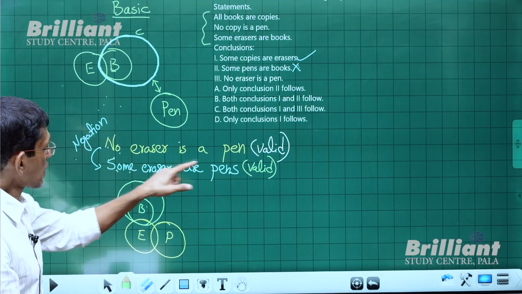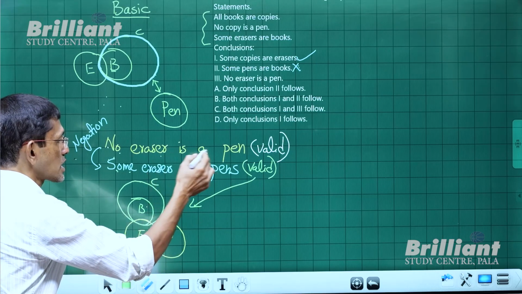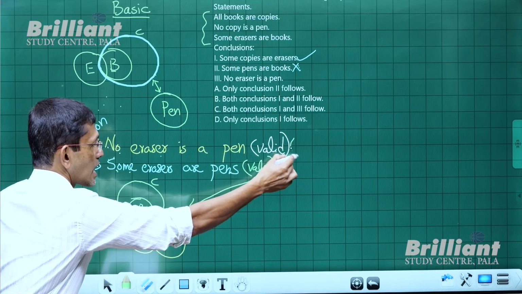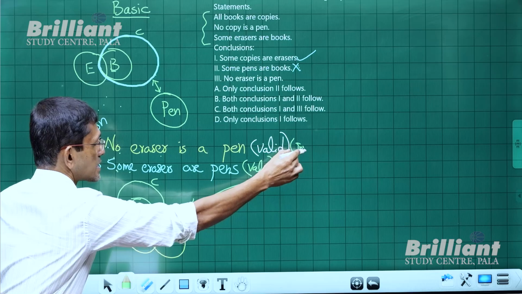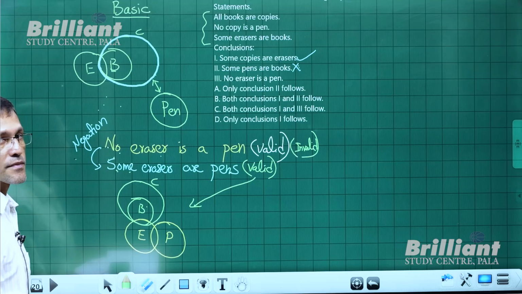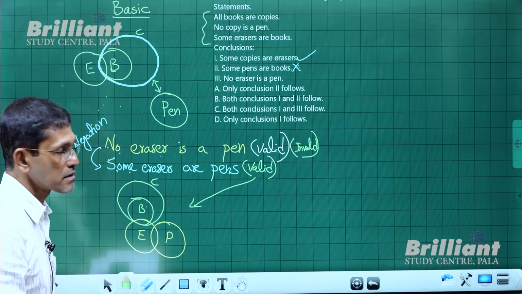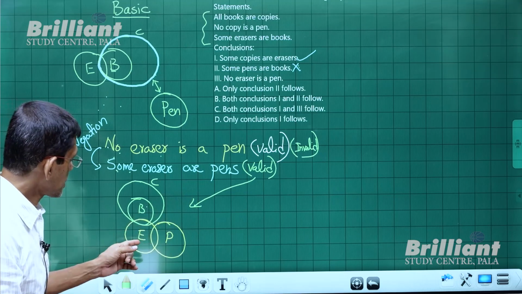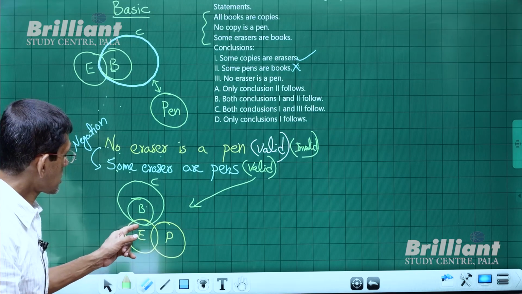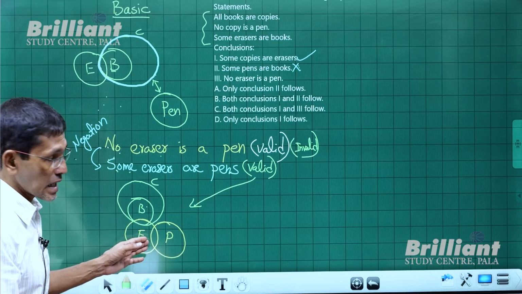So definitely, the original conclusion is going to be invalid for the new diagram. What is it? No eraser is a pen. Invalid, because here some erasers are pens. It's possible. So that is invalid here.